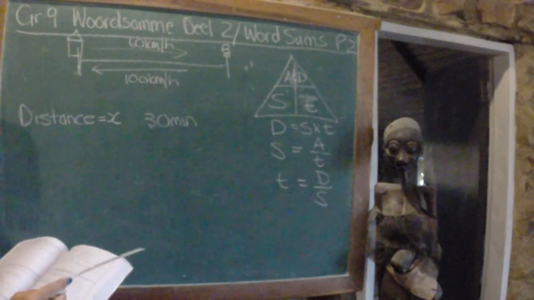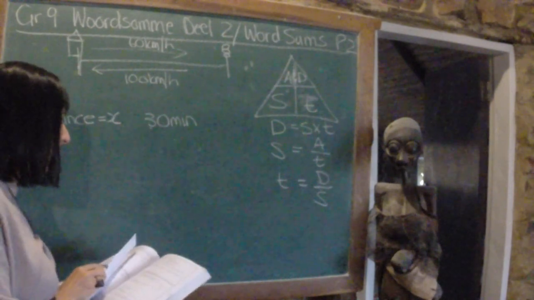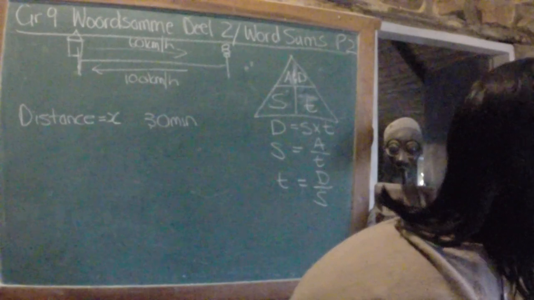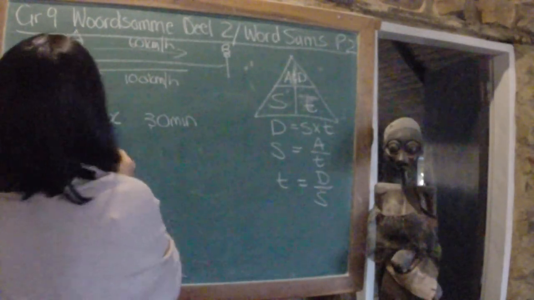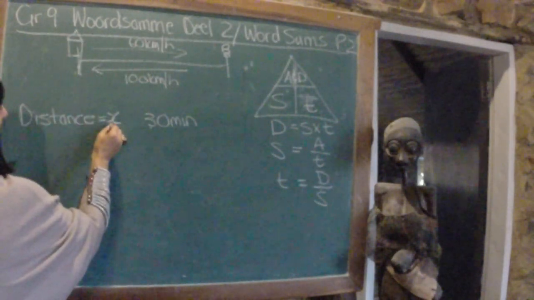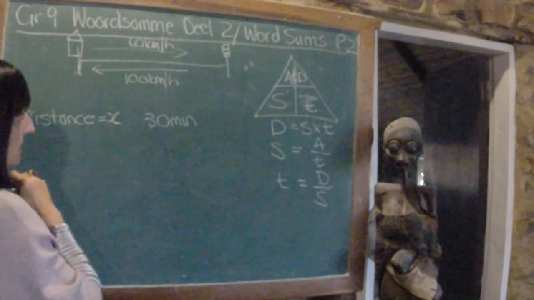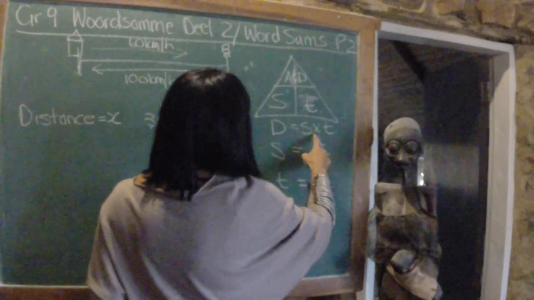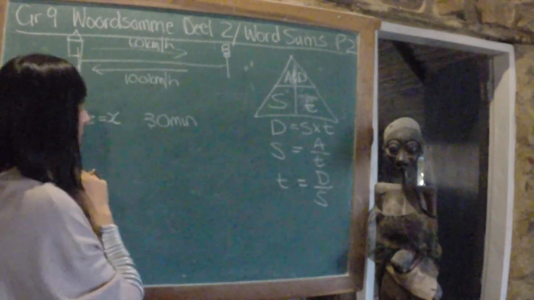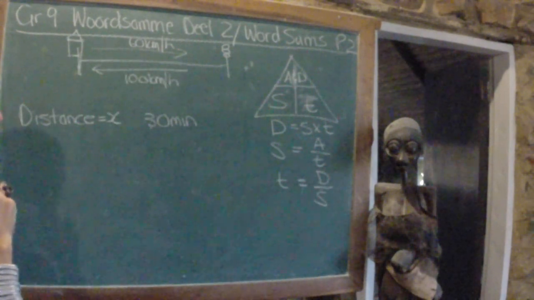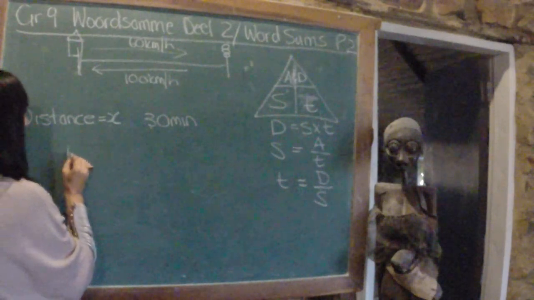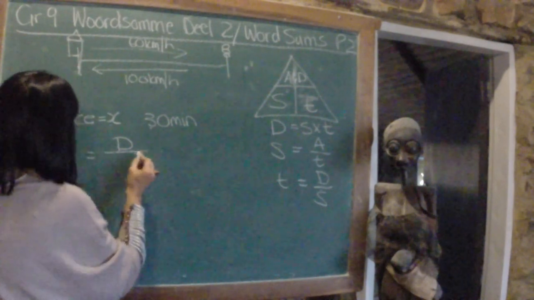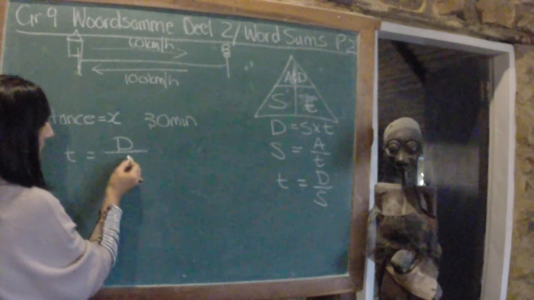So kom ons gaan gou kyk gou na ons tyd. Let's write down formulas if we want to determine our distance. So distance will be speed times time. So let's look at the time equals distance on speed.